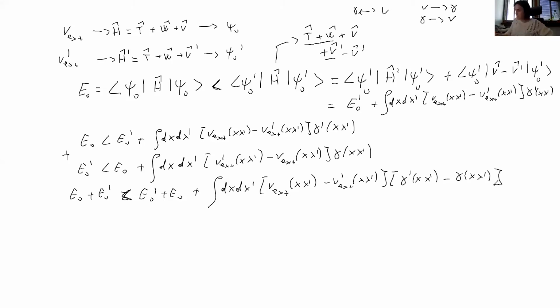So of course, this is the same. So essentially I have that 0 is smaller than all this thing, where the two external potentials we said are different, okay?